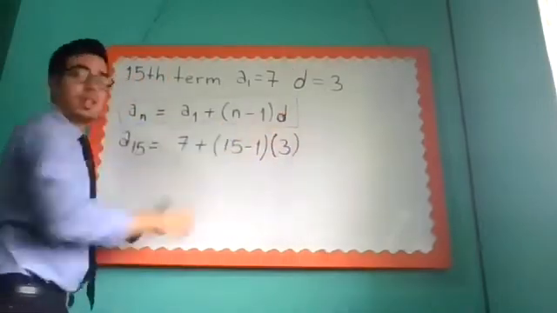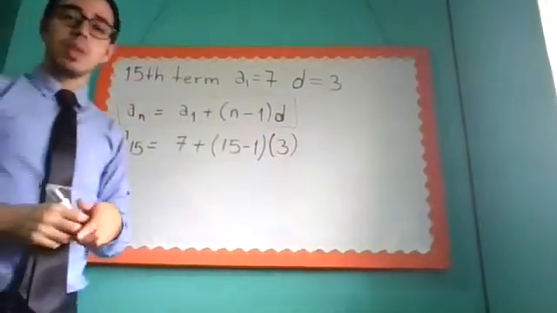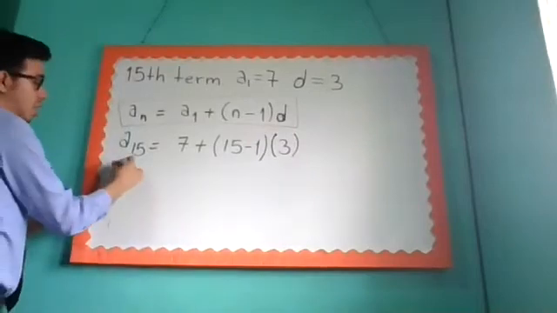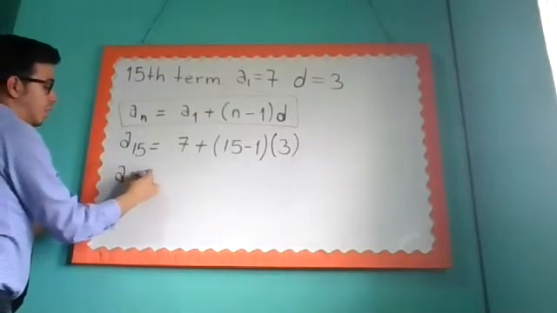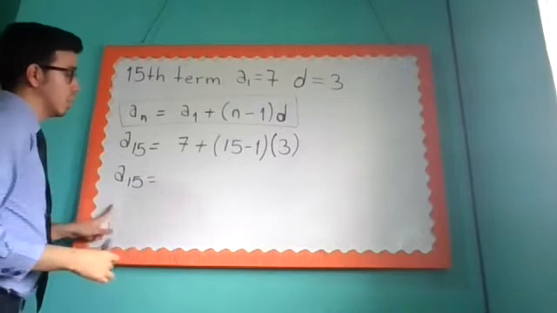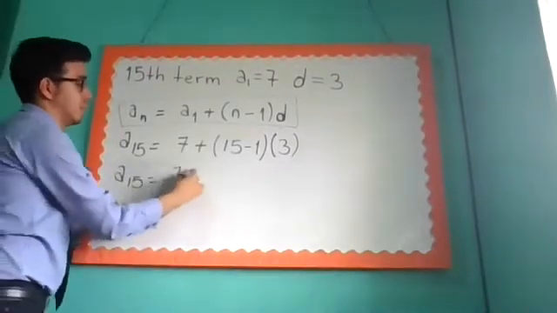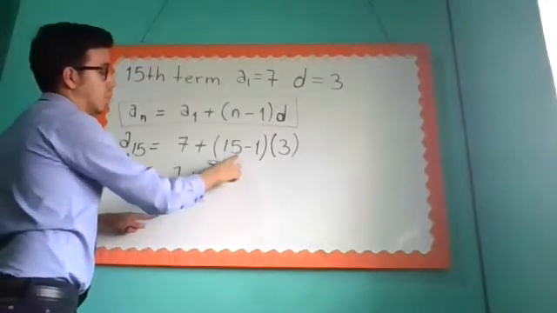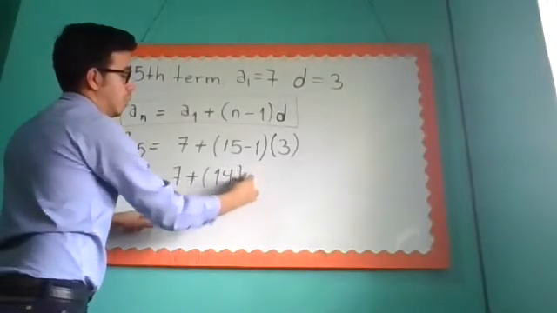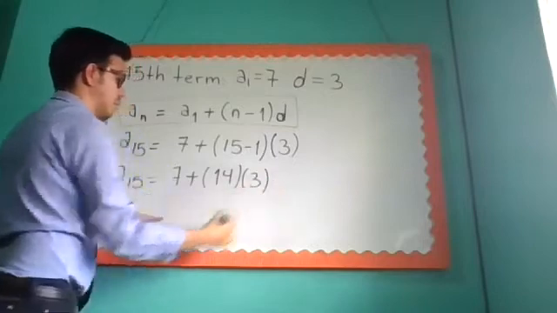The common difference in this exercise is 3. A sub 15 is 7 plus 14 multiplied by 3.